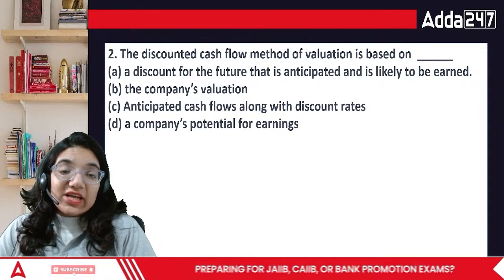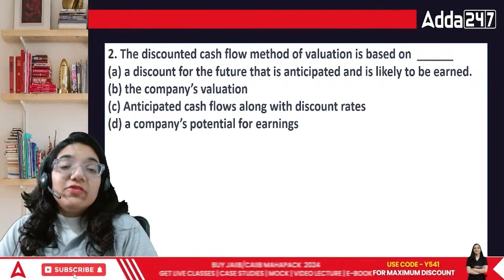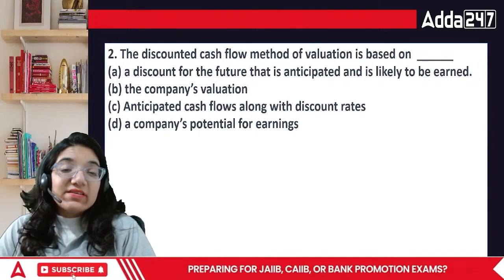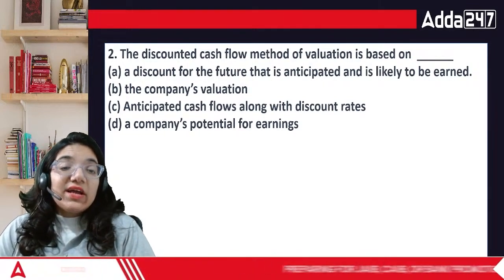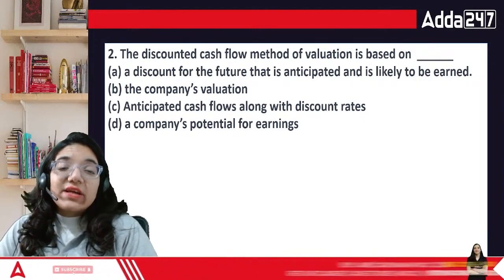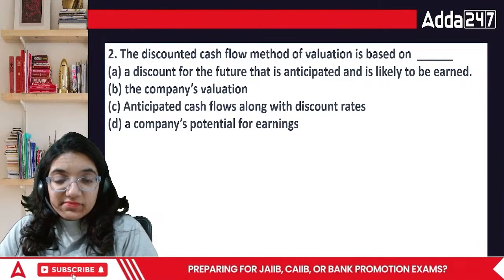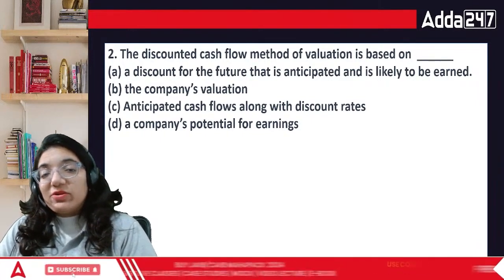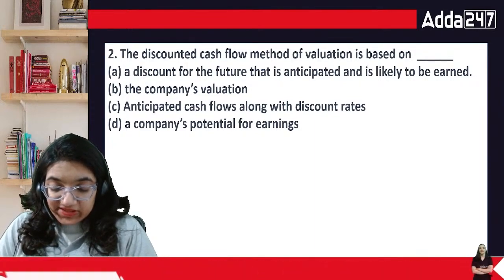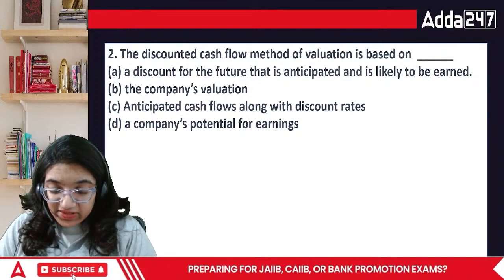The discounted cash flow method of valuation is based on the discount for the future that is anticipated and is likely to be earned. The company's valuation or anticipated cash flow along with discount rates or the company's potential for earnings. Everyone, the discounted cash flow valuation is based upon what? I told you, when we talk about the discounted cash flow valuation, we are worried about only and only one thing. What is it, everyone?